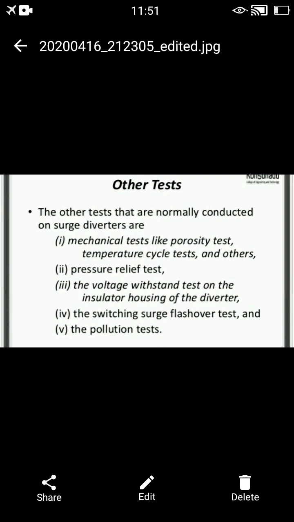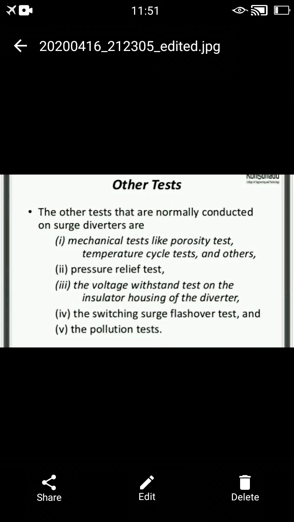The next type of test is called the pressure relief test. In that test we apply different pressures on the surge diverter, to see if the surge diverter withstands the different pressures. So this test is called the pressure relief test.